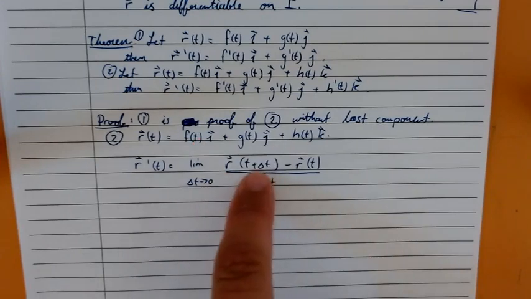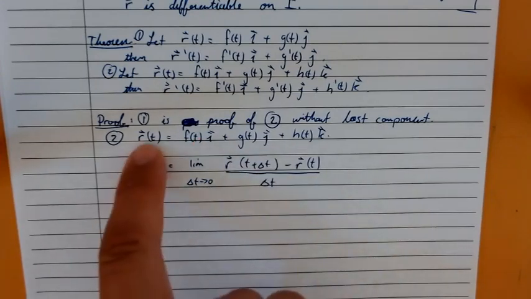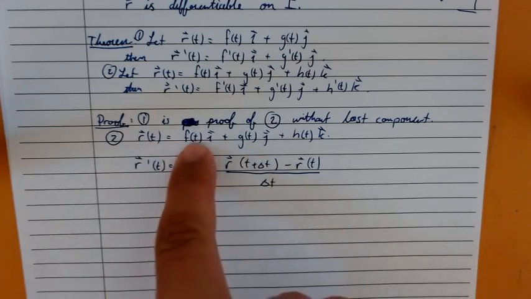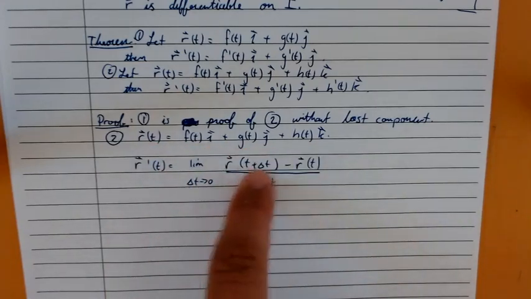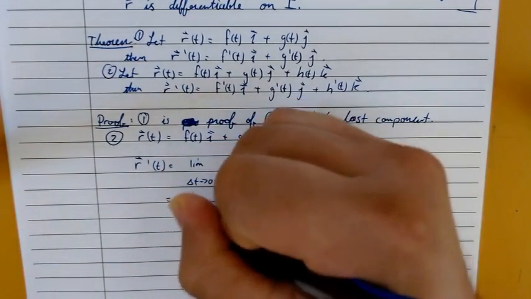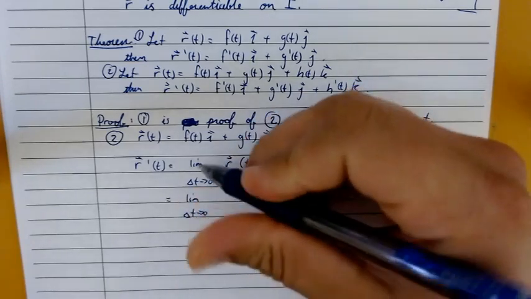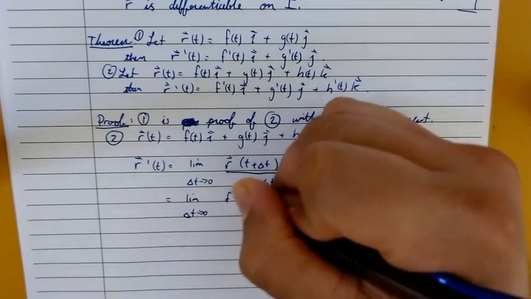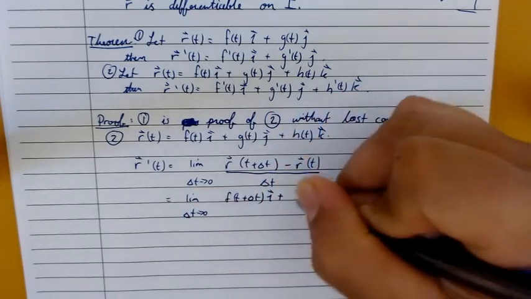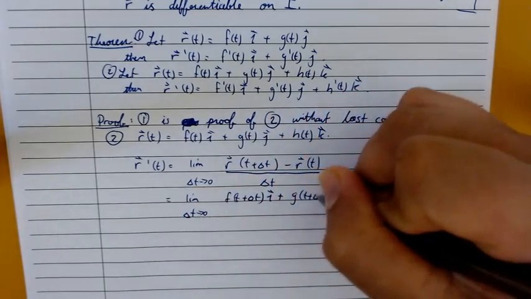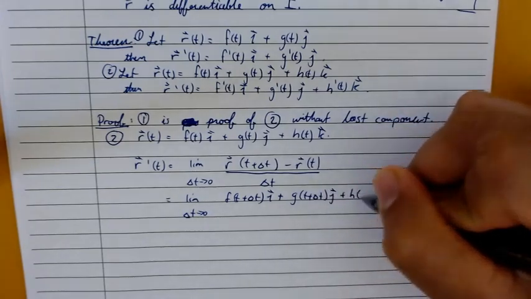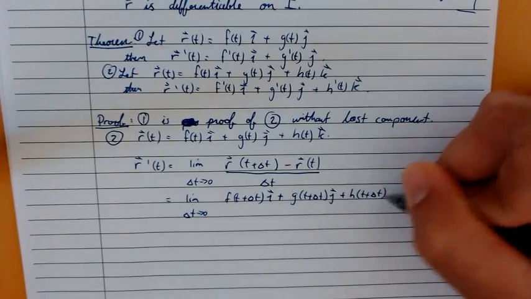And R of t plus delta t would see that t replaced with t plus delta t, which means that these t's would be replaced by t plus delta t. So here that would be the limit as delta t approaches 0 of f of t plus delta t i plus g of t plus delta t j plus h of t plus delta t k.